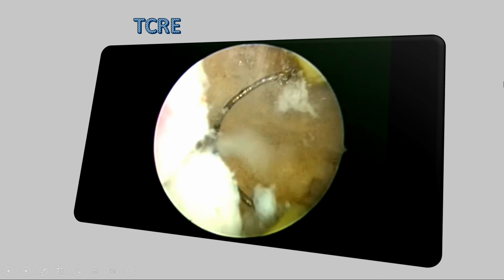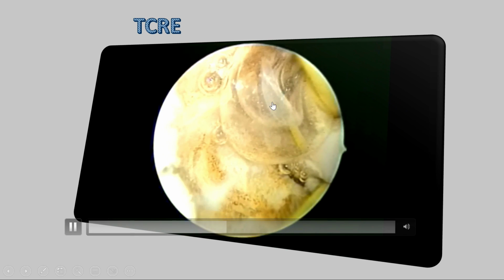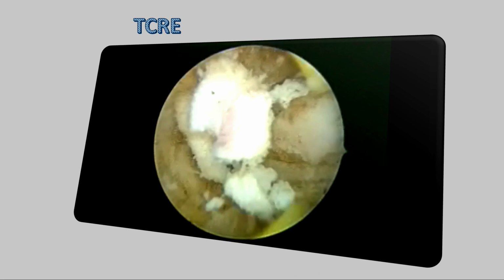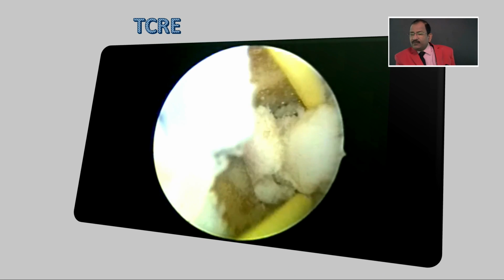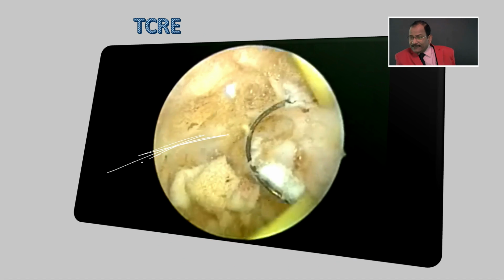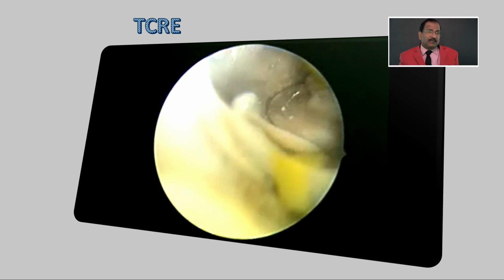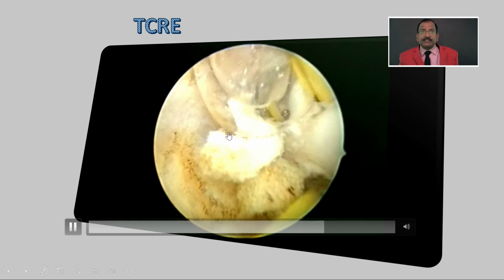So you will cut the functional endometrium just like how you scoop your ice cream from the tub, and you will see a white rectus sheath like structure, that is the internal longitudinal layer, and you will stop further resection.